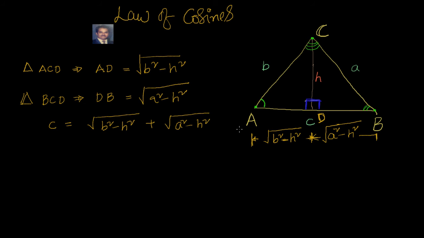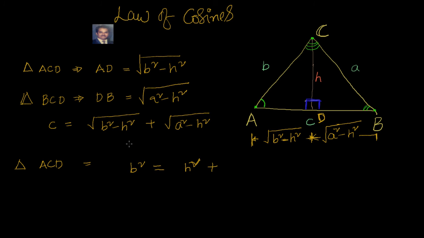Now suppose we want to find it with respect to b. So I will again consider triangle ACD. I will say b square is equal to h square plus, how can I write this part?